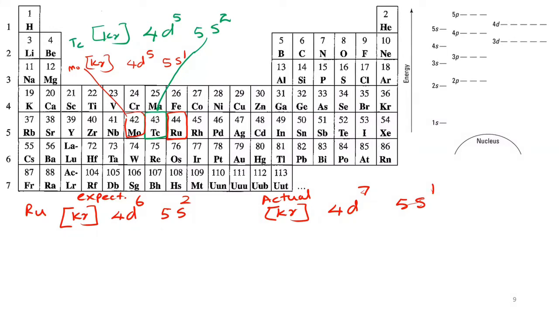Now, you might find it very weird that it is happening like this, but again, you might see that there is a kind of half-filled scenario here. So you can have the 5s orbital half-filled if there is this kind of arrangement. And I'm going to write another element right next to it, that is rhodium. You will expect a krypton core.